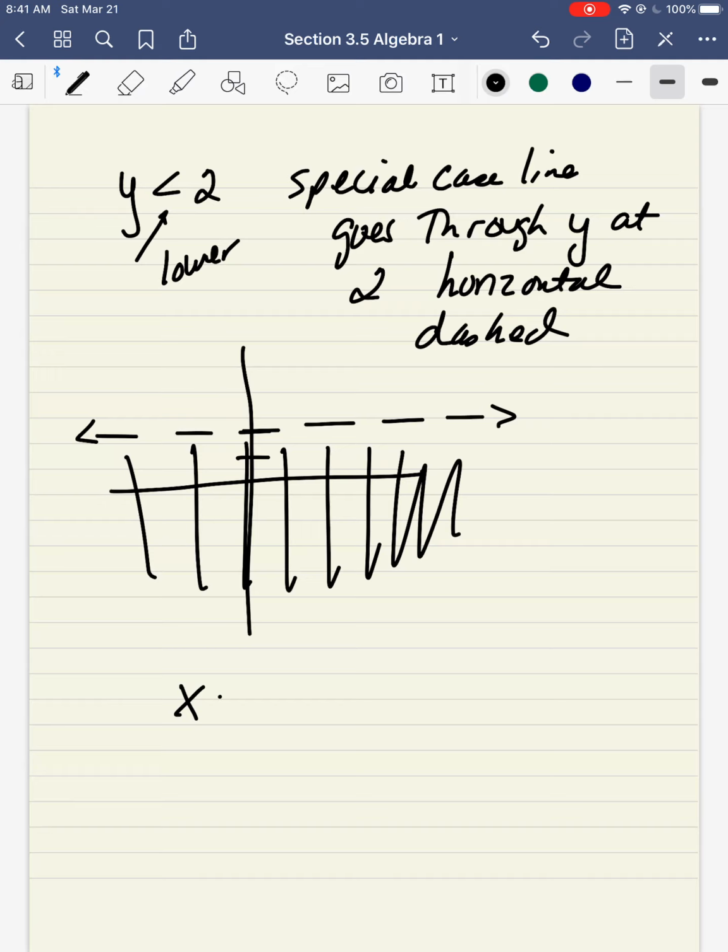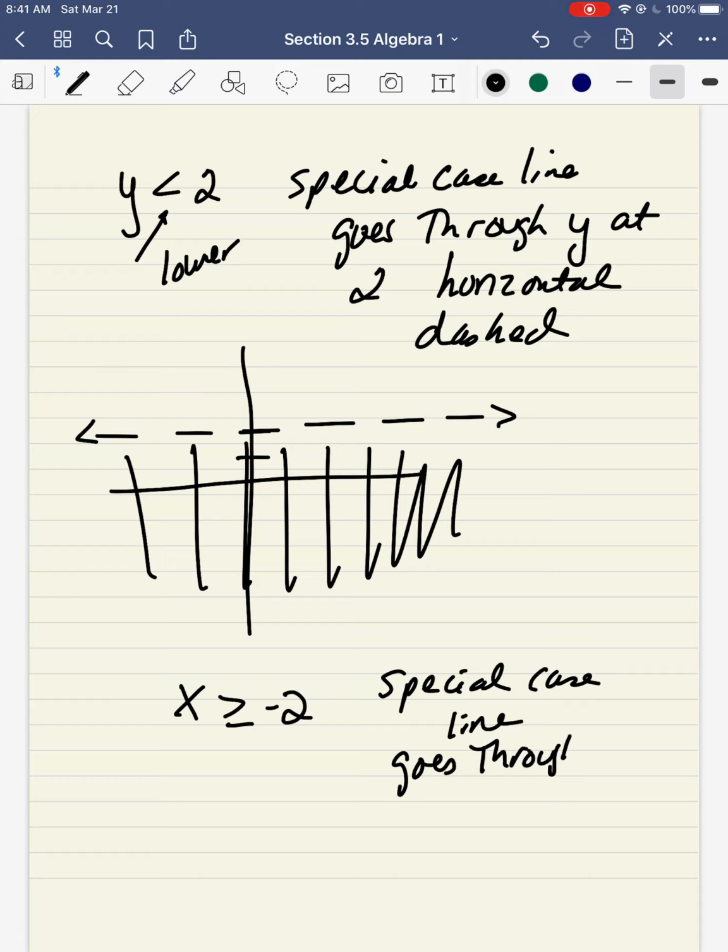If I have x is greater than or equal to minus 2, this is also our special case line. It goes through x at minus 2.